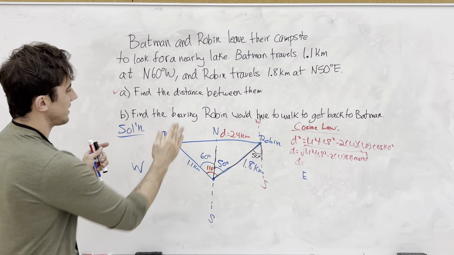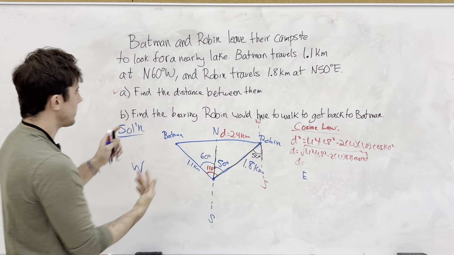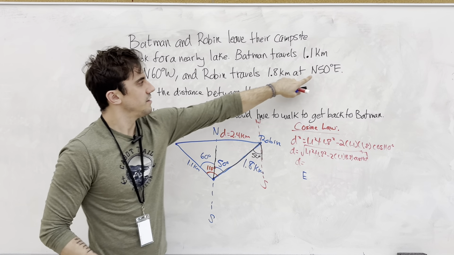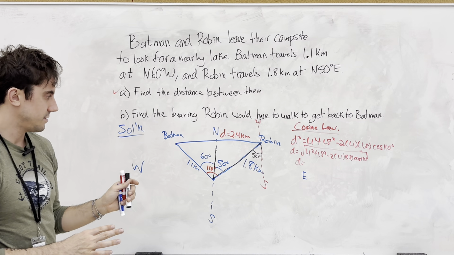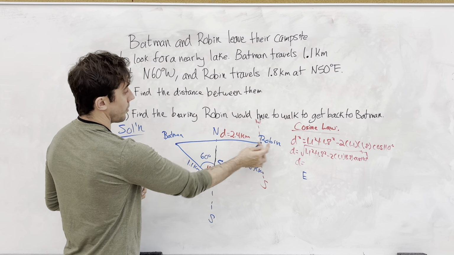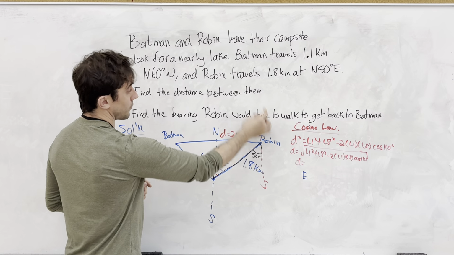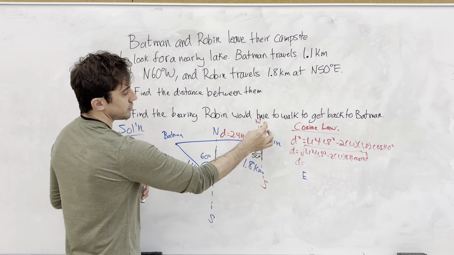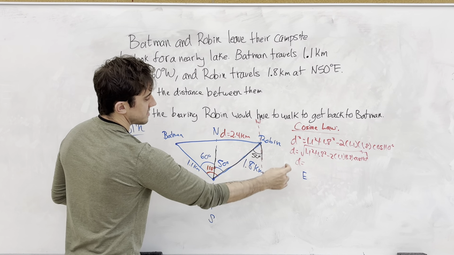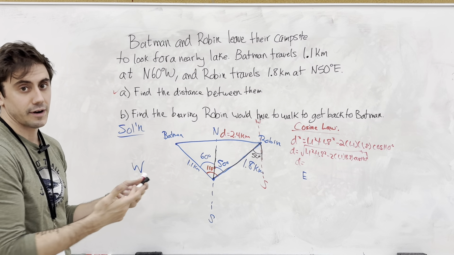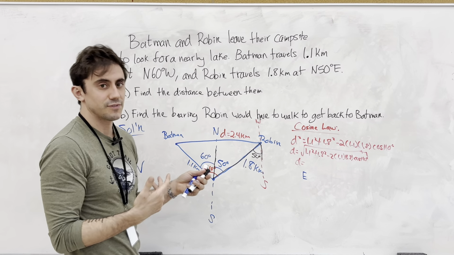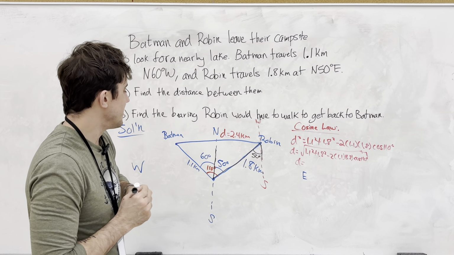Robin also went less east than Batman went west, right? 60 degrees west, 50 degrees. My diagram isn't making it pop out at us, but Robin certainly is further north than Batman, so she should have to go south and then some amount towards the west. And so our answer should reflect that in the end.